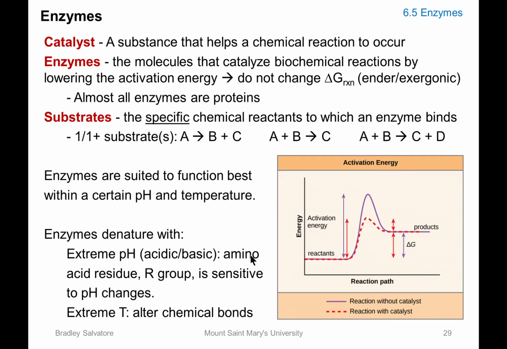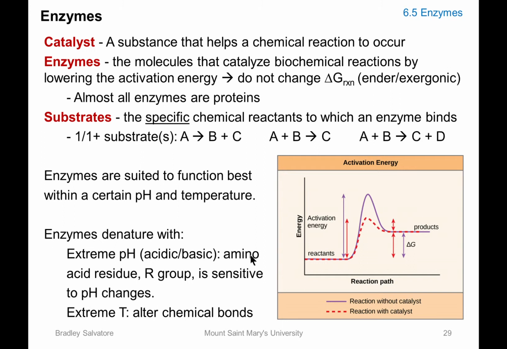They gain that and change form, and when amino acid residues change form, it can cause the protein to change conformation. Thus, the sensitivity to pH change means enzymes cannot function well outside of their comfortable pH, and usually enzymes exist at around our body pH, which is around 7.4. So an extreme pH, too low or too high, will cause an enzyme to denature.